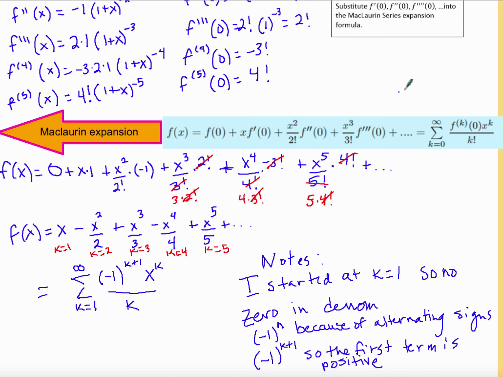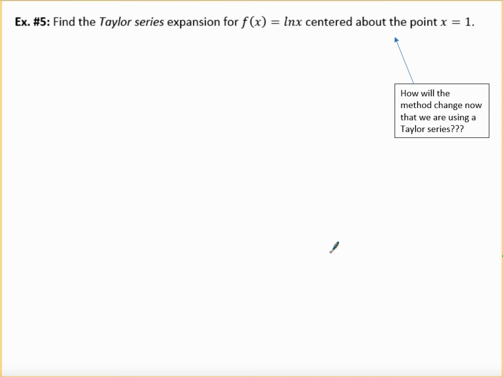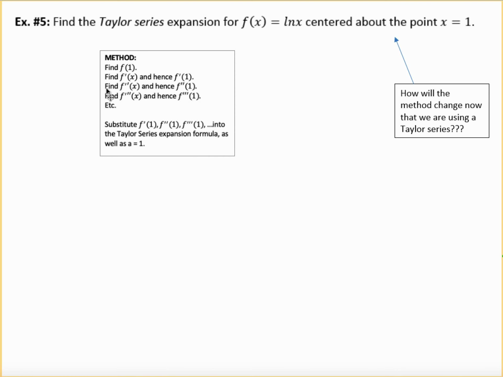Find the Taylor series expansion for f of x equals ln x, centered around the point x equals 1. So how's this method going to change now that we're using the Taylor series? Well, Taylor series are not centered at 0. They're centered somewhere else. And in this case, they want us to center at 1. So for our method, that's going to change a bit. We're going to find f of 1, not f of 0.